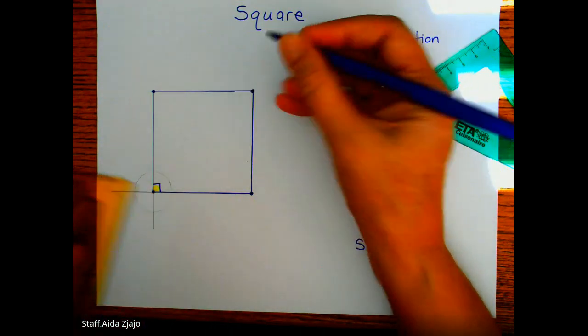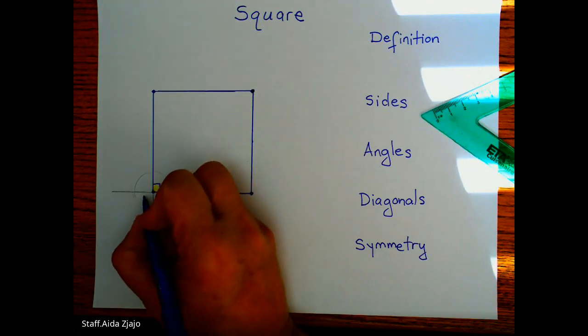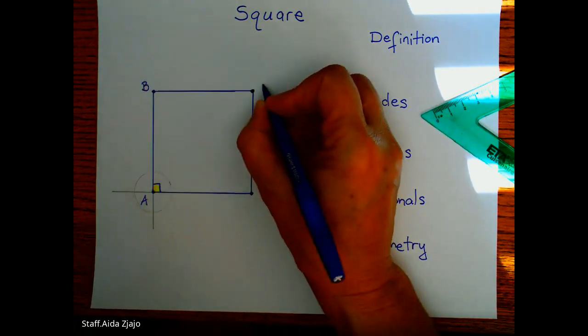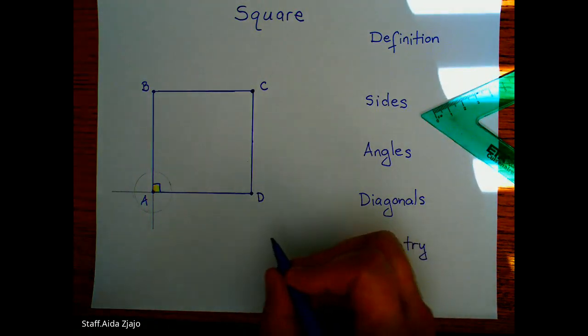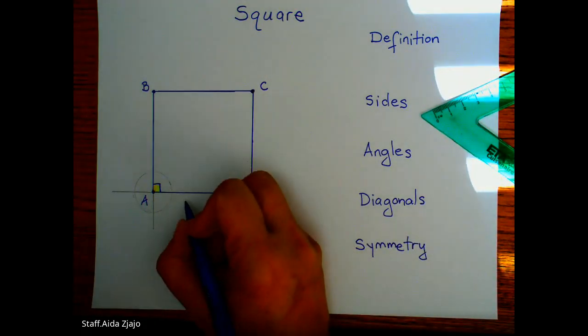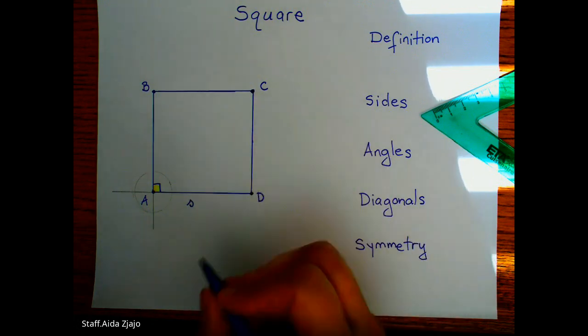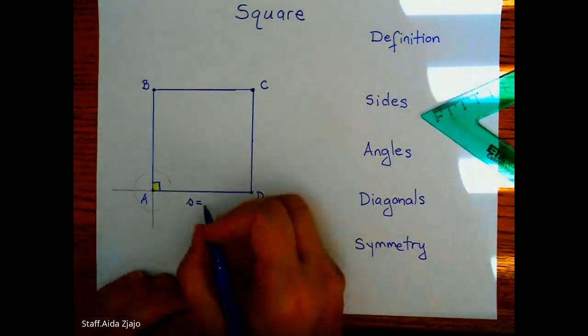Okay. So usually we label, for example, if I label the square A, B, C, and D, each side we label with only a lowercase letter. So, for example, usually they label S as a side of this, and you can just put here 7 centimeters.